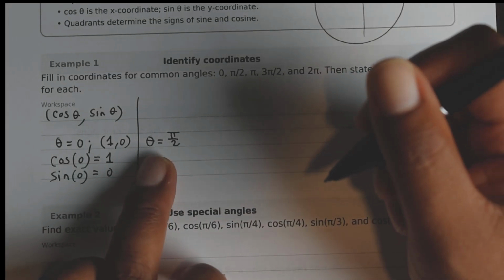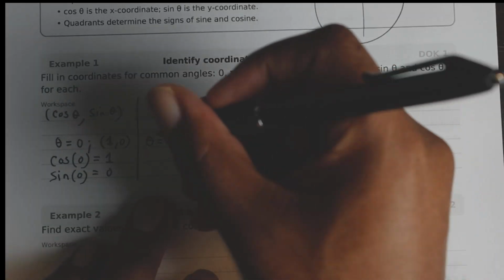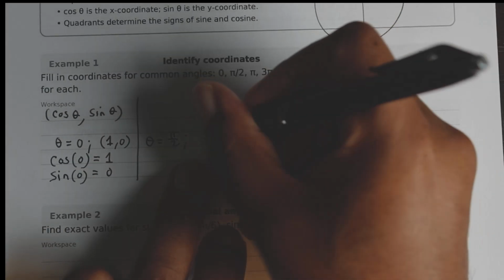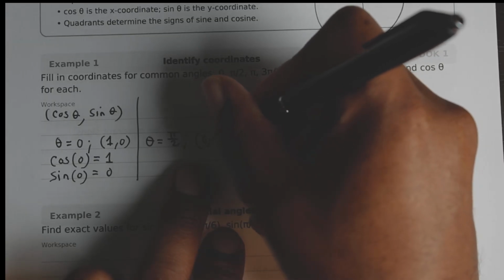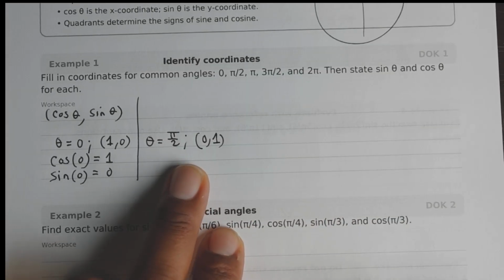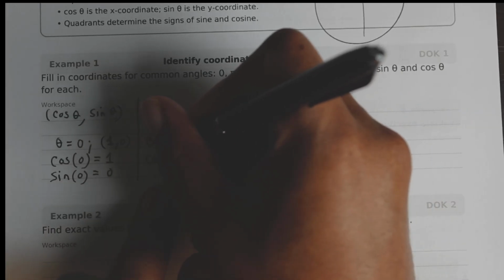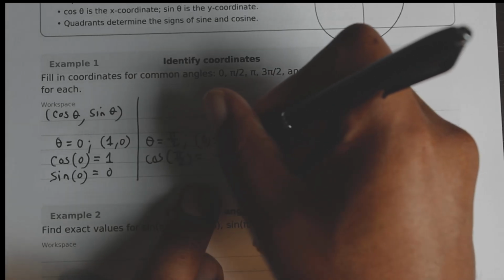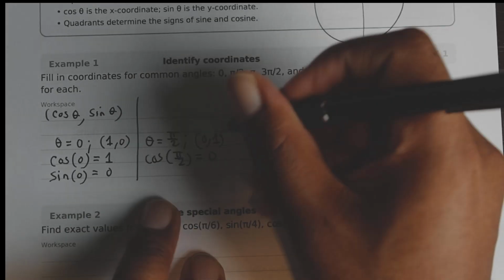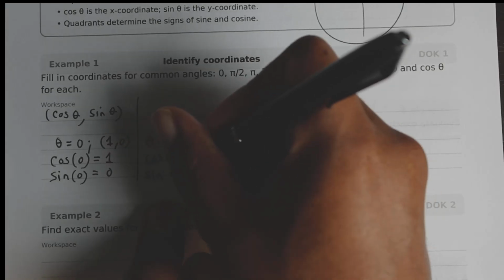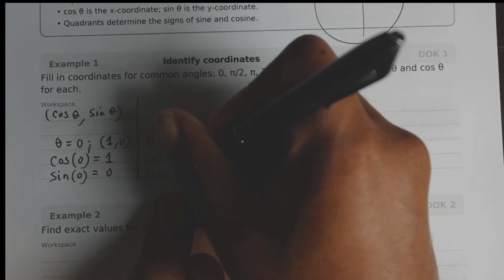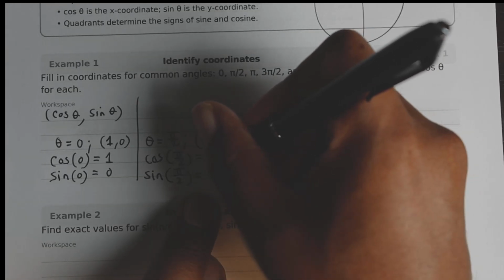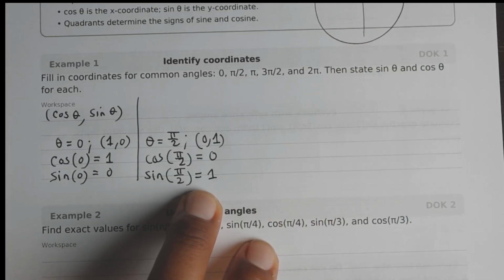That point is 0, 1, right? And the cosine of pi over 2 is equal to 0, and the sine of pi over 2 is equal to 1, right?